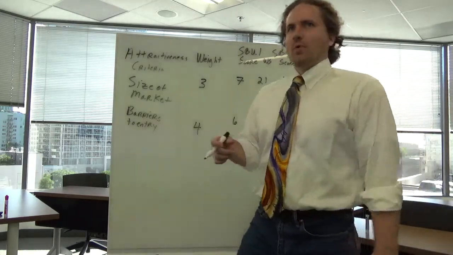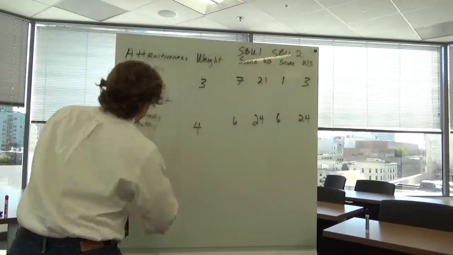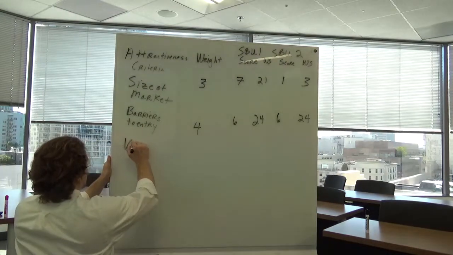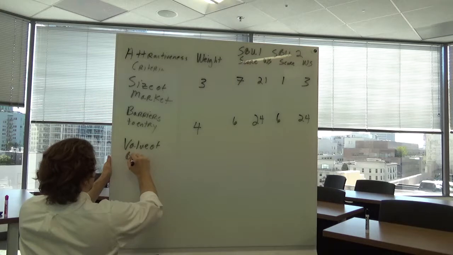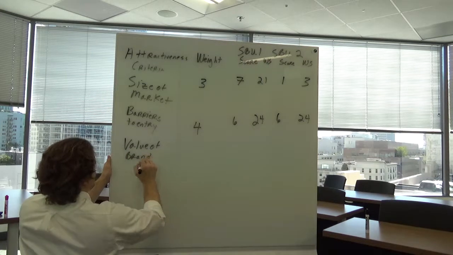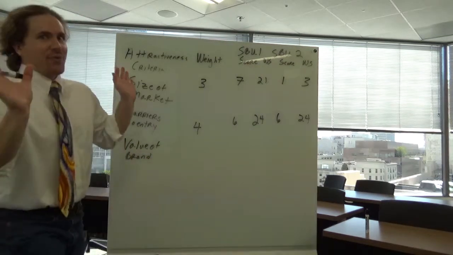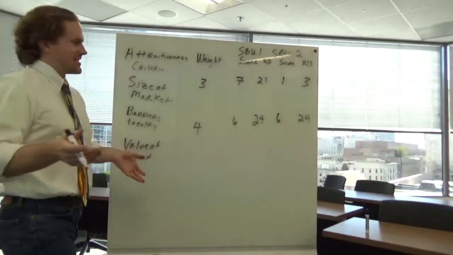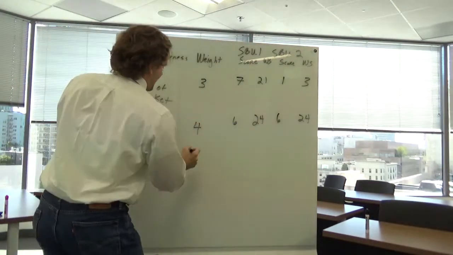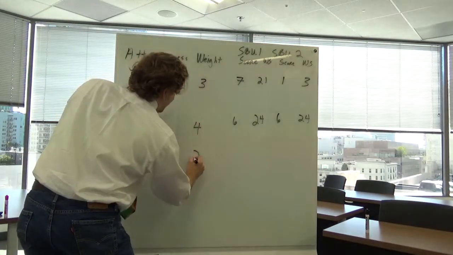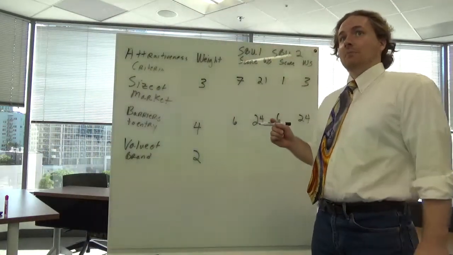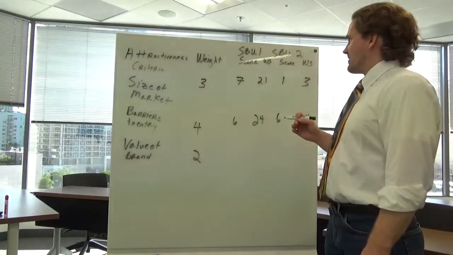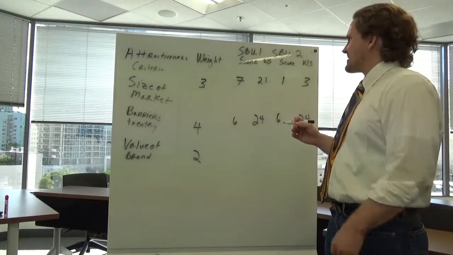And let's just do one more. Let's say the value of the brand. I doubt a lot of people get excited when they say, wow, 3M. Probably not. They just think about a sticky. So the brand value itself might not be that important. So let's give that a 2. And let's look at the value of the brand again with the stickies.